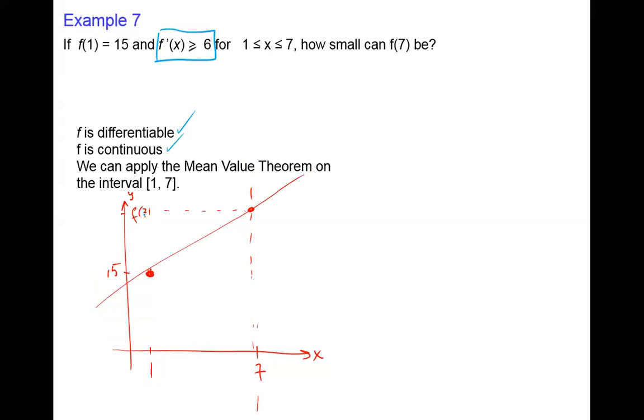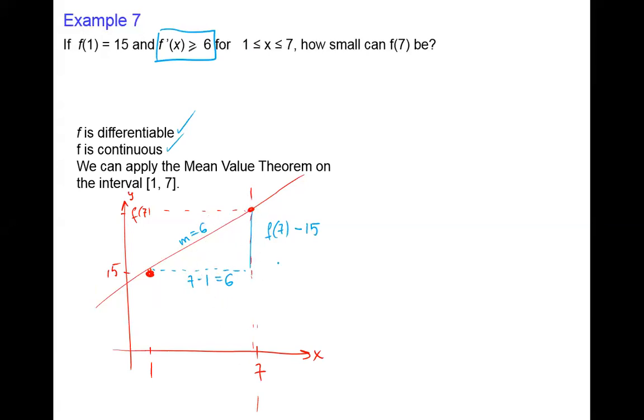Do you think you can give me the value at 7? If we know the rise, 51, possibly, let's see, f of 7 minus 15 over 7 minus 1. And the slope is 6. That means what number divided by 6 will give me 6 actually? Easy, right?